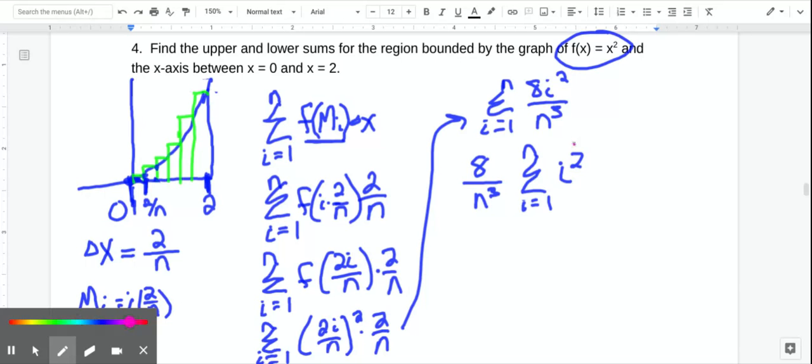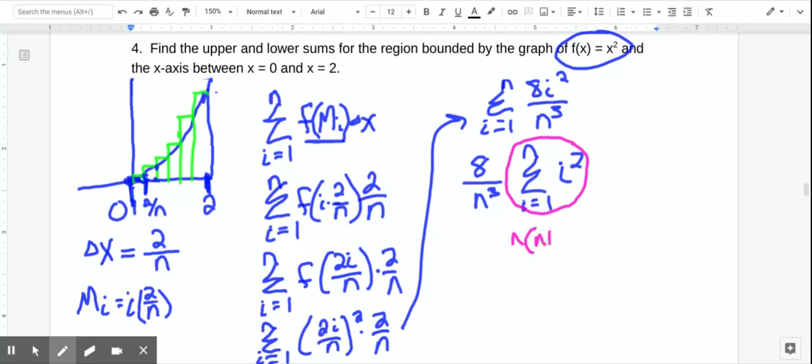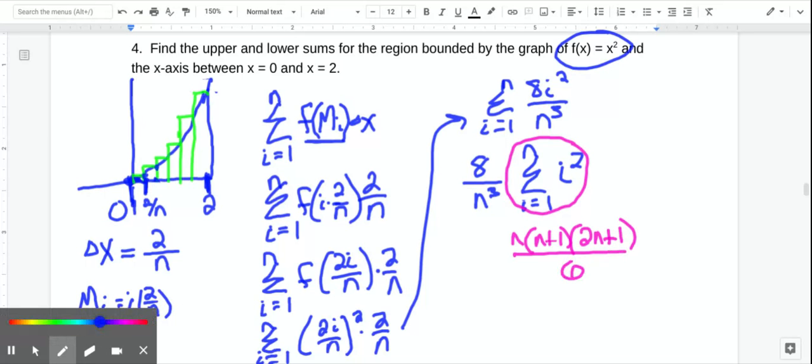This right here is one of those formulas that's on page 291 of your book, or they're in the notes from yesterday. This right here is n times n plus 1 times 2n plus 1 over 6. And this, of course, is just 8 over n cubed.